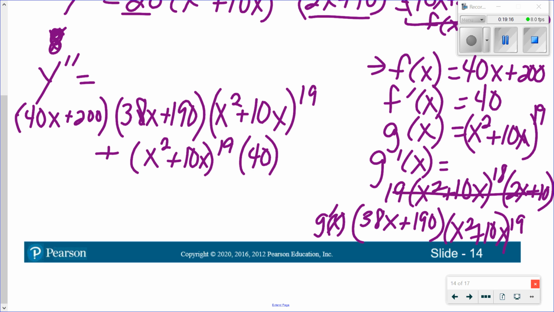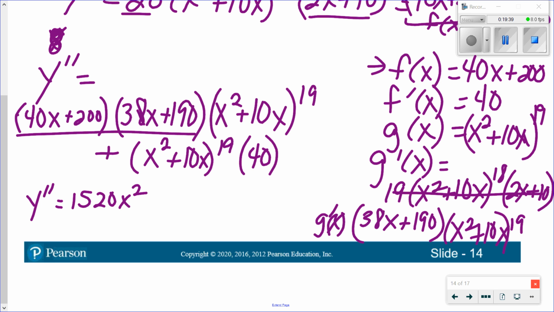All right. The only things here we could combine are those. So we will go ahead and do that. We can multiply those two out. So that would be horrible numbers. So we have 40 times 38. So we have 1520x squared.